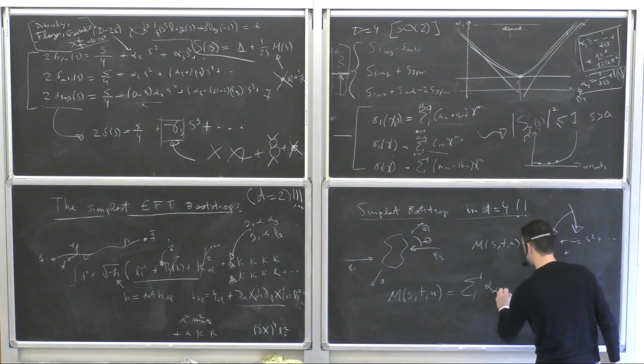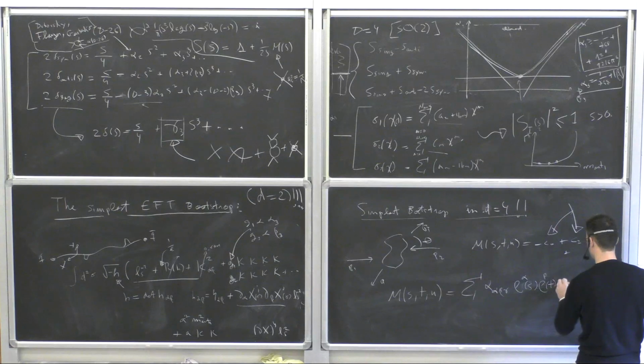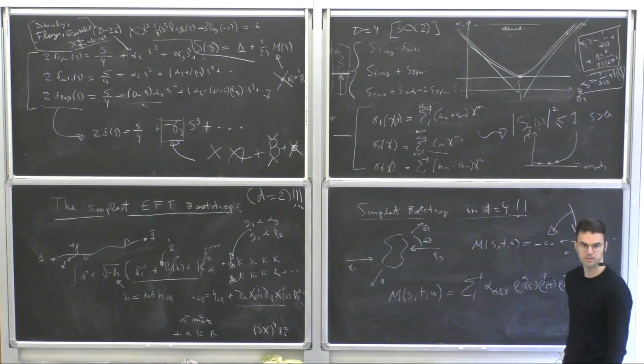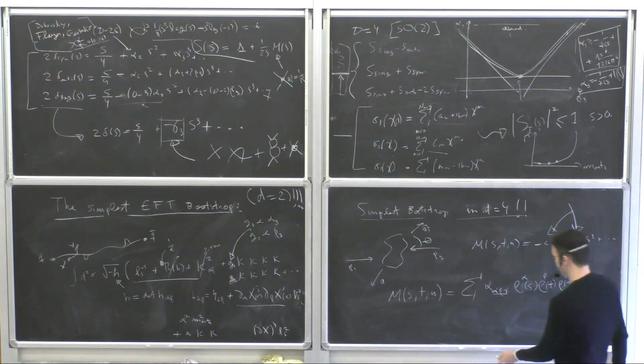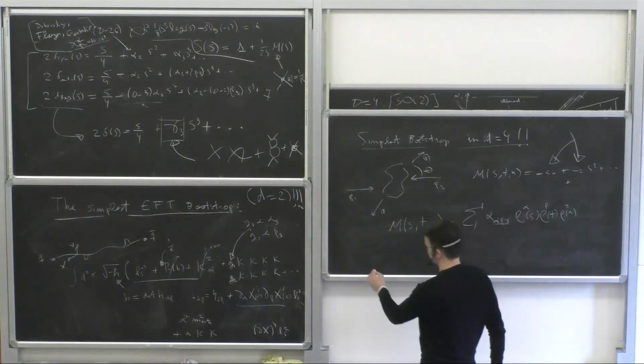Alpha, beta, gamma. Rho S, rho T, rho U. Where this is a symmetric tensor. And these rho play the same role as the chi variables.